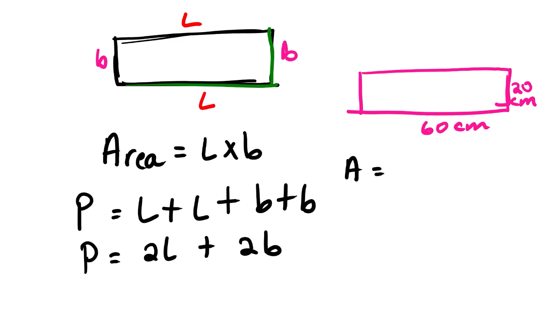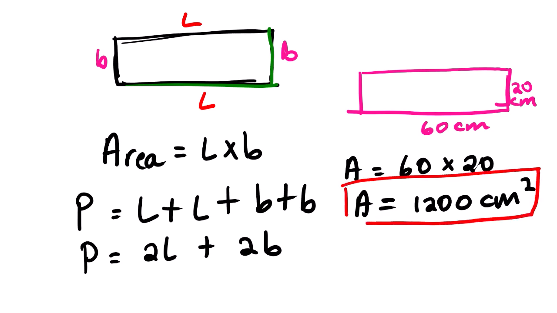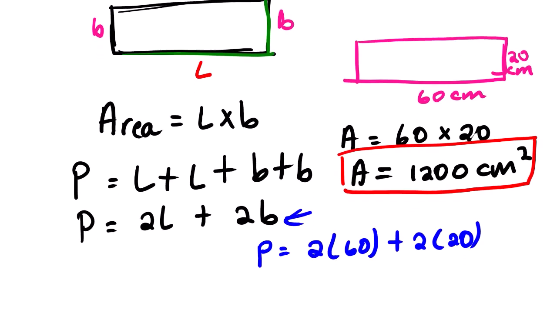A equals our length, 60, multiplied by 20. The area of this rectangle is 1200 centimeters squared. And if you want to calculate the perimeter, we are going to use this equation, which is P equals 2 times our length, 60, plus 2 times our breadth, 20.